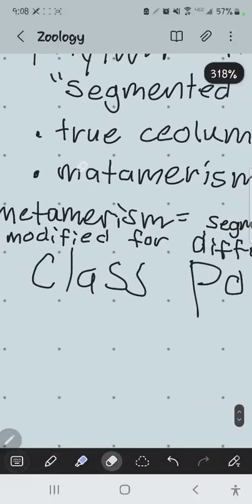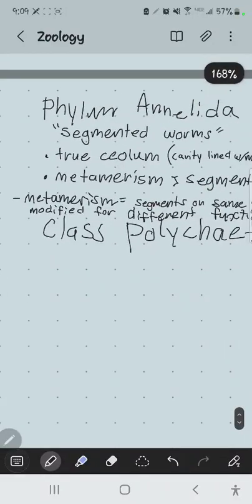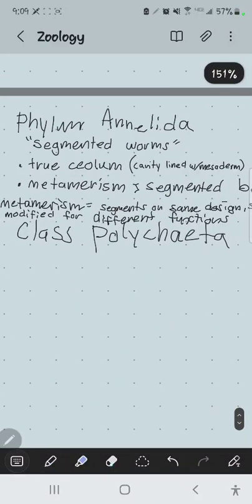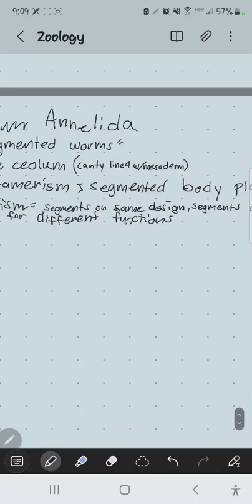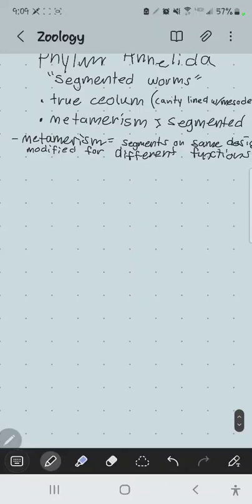All right, so typically what we've got is a segmented organism. It's segmented not only externally but also internally. There's some internal compartmentalization. So let me go ahead and draw an example of what we're talking about here. We have kind of a segmented body like this.